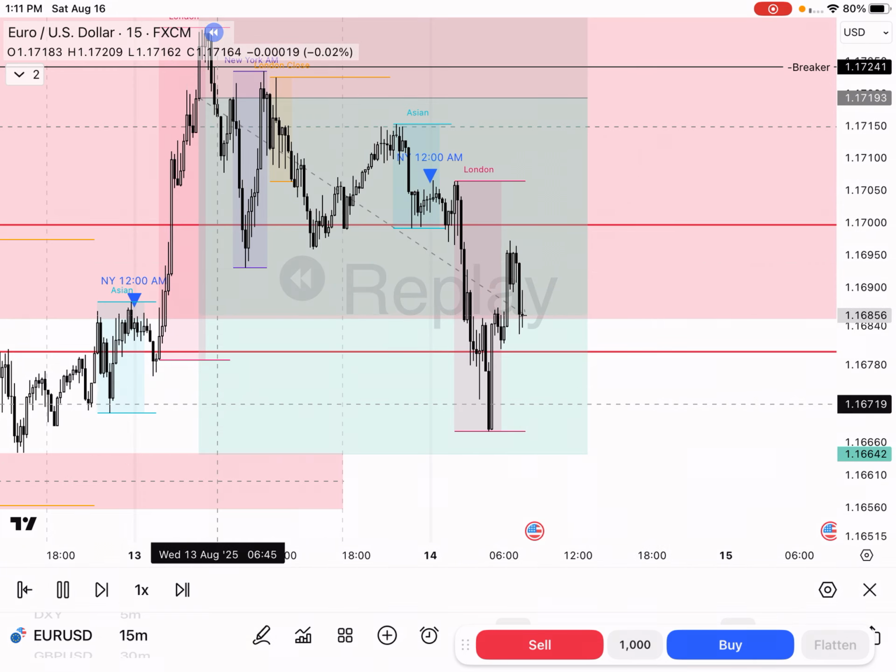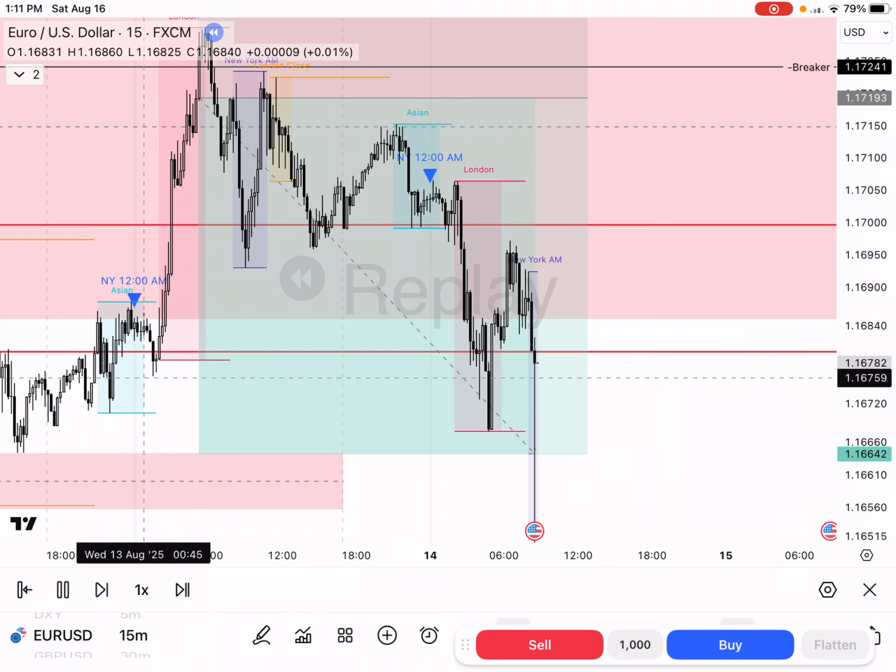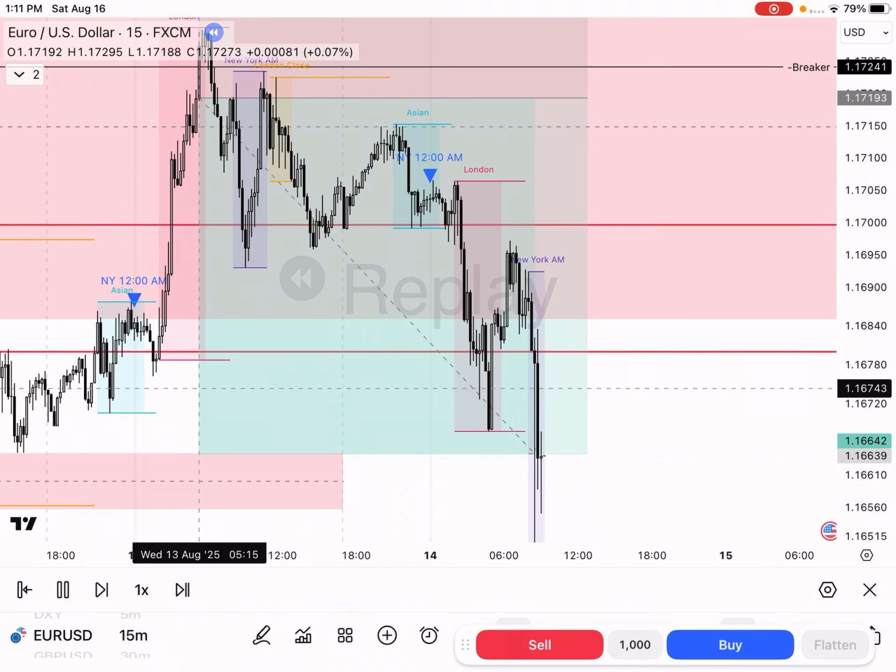On this candle, on this low, I took a partial, closing 60% of the trade and leaving the remaining open, and here it did hit the trade.